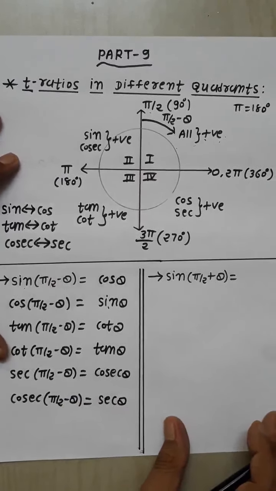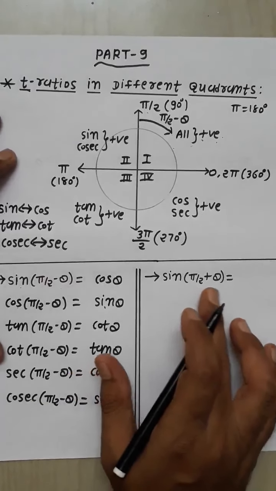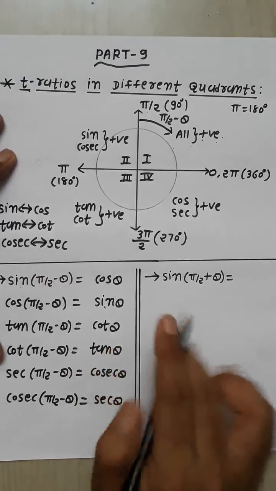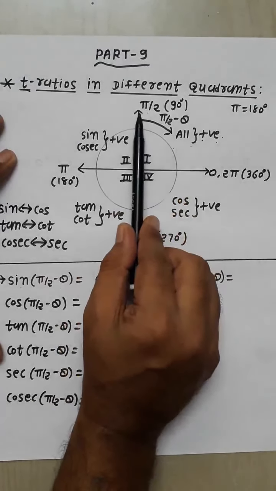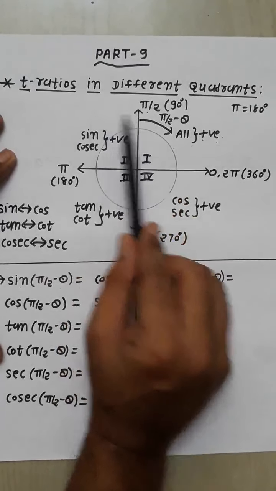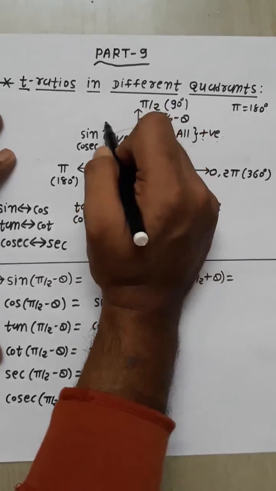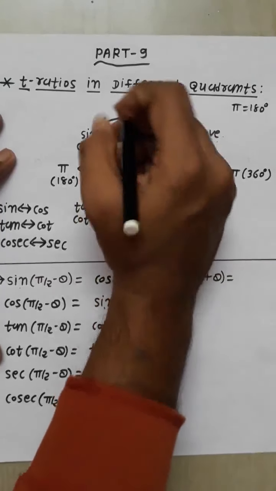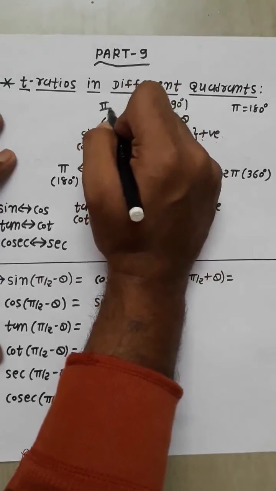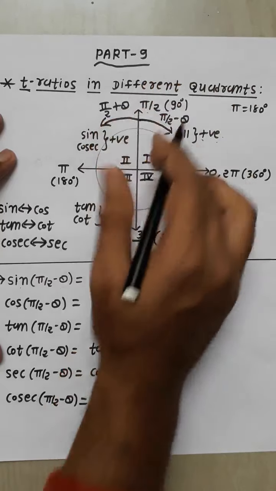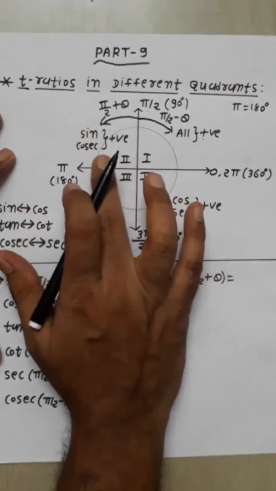Now sin(π/2 + θ). π/2 is present here, plus, that means this value is now present in the second quadrant, so here π/2 plus θ lies in the second quadrant.